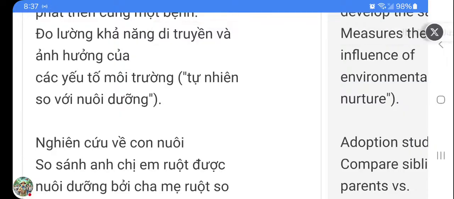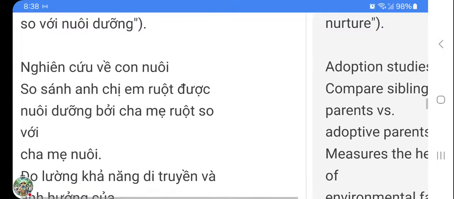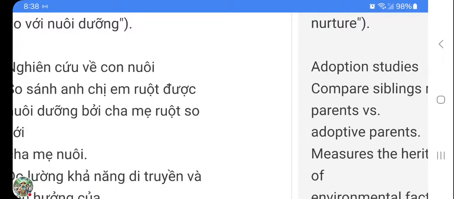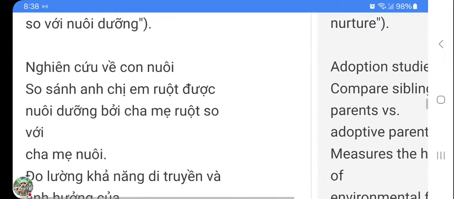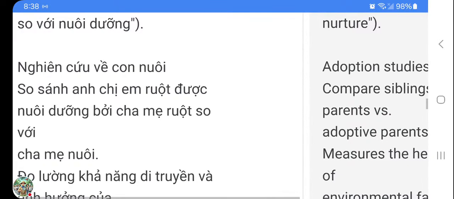Let's talk about the next one, which is adoption study. Adoption study compares siblings raised by their own parents, which is biological parents, versus adoptive parents.